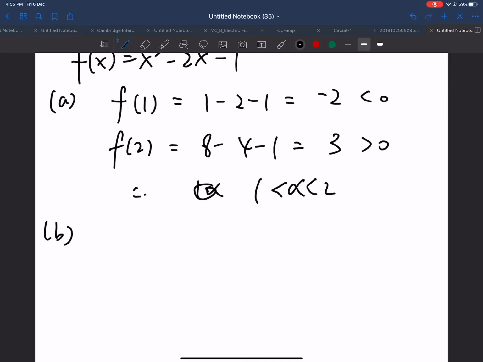For part B, for x naught to be 1.5, apply this method, the Newton method, once to f x to find a second approximation to alpha, giving your answer to 3 decimal places. So you just do this method once.